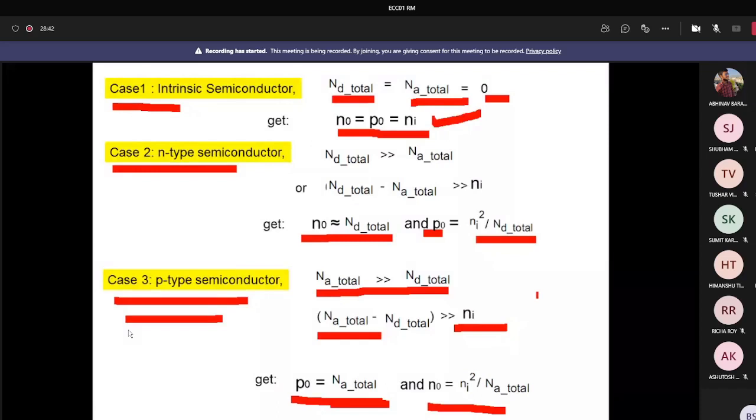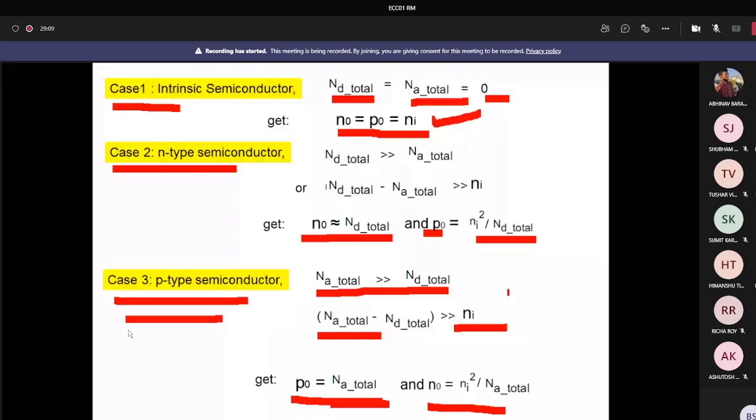Sir, doping is basically done to increase conductivity. So if we dope an intrinsic semiconductor with equal amounts of boron and phosphorus, then also will conductivity increase, because net charge is equal to 0?